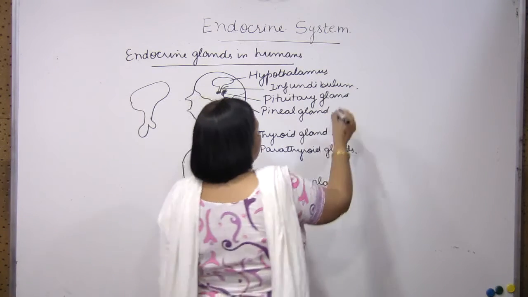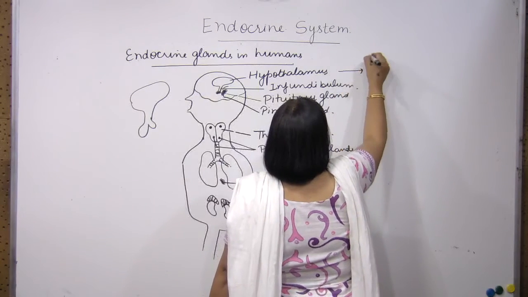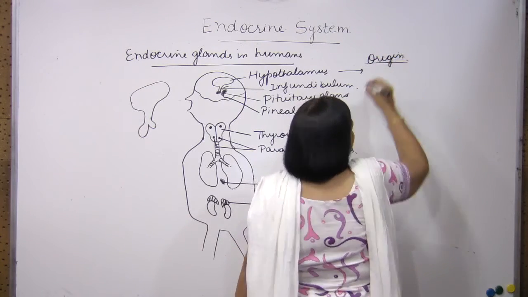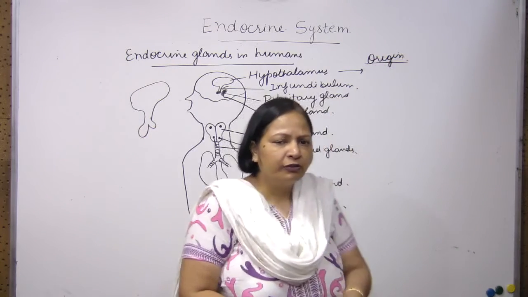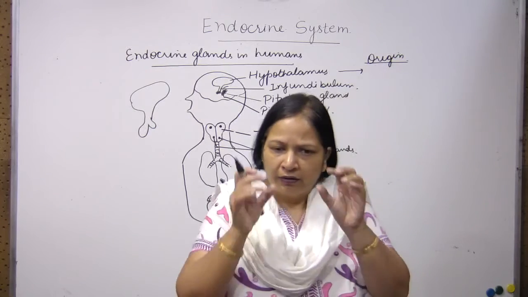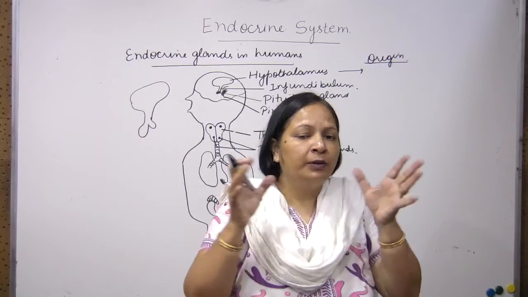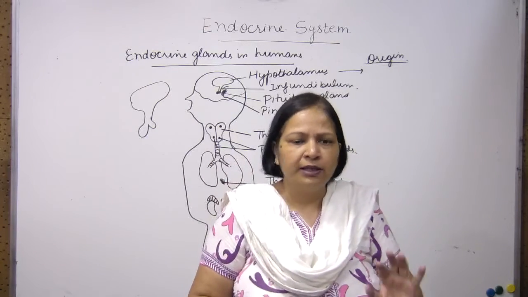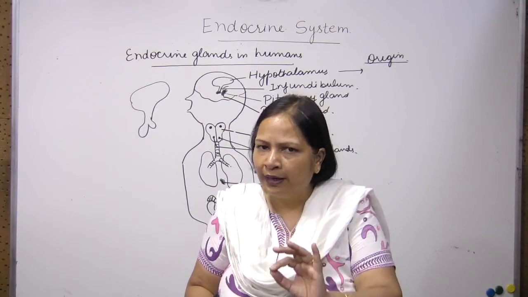Hypothalamus, its origin. What is the origin? You know, the human embryo is formed of 3 germ layers. From a single zygote, when many cells are formed, these cells are arranged in 3 layers: ectoderm, mesoderm and endoderm.